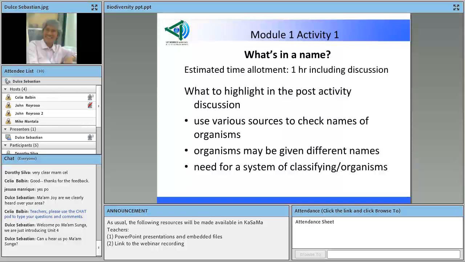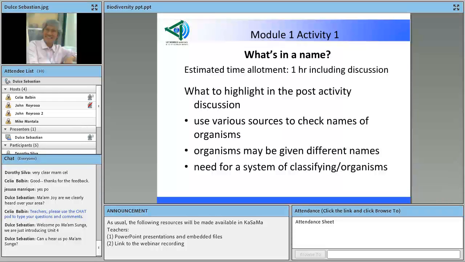So what do we want to highlight in the post-activity discussion after the students have done this activity? They will discover that they can use various sources to check names of organisms. So as a teacher, we should let them recognize that there is not just one source of information about organisms or the names of organisms.